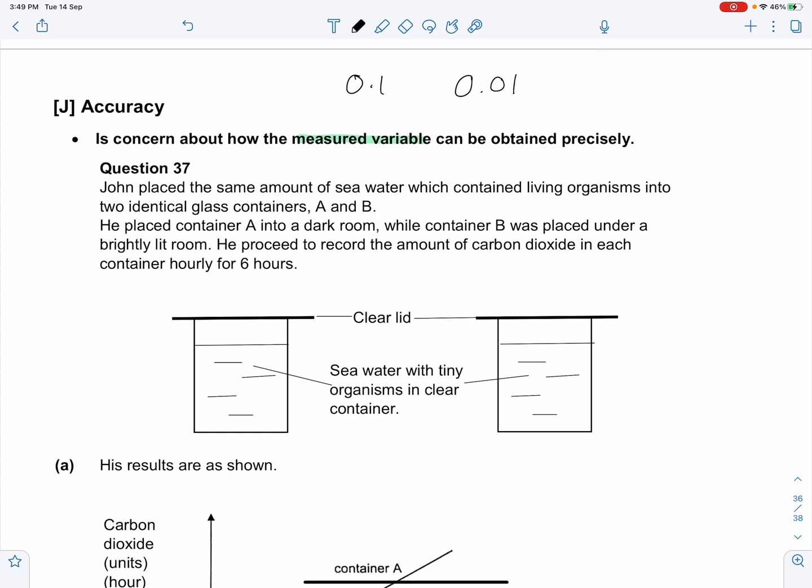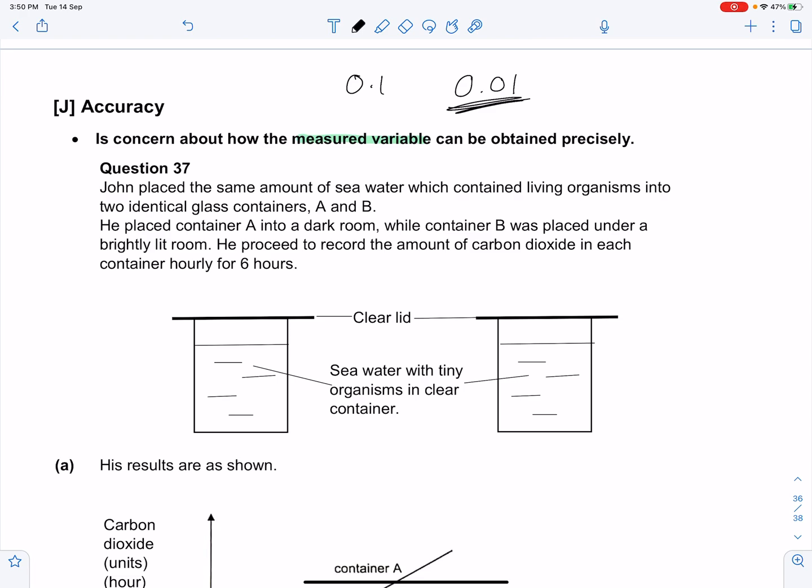A ruler is the same thing also. A meter rule is not as accurate as a vernier caliper. It's not in your syllabus, but the whole idea is a vernier caliper can measure up to higher accuracy. It's also about whether your method of measurement is the best possible way to obtain the measurement that you want. What do I mean by that?